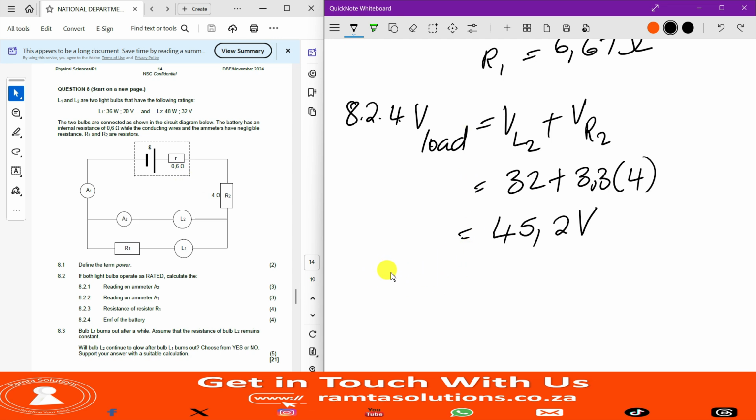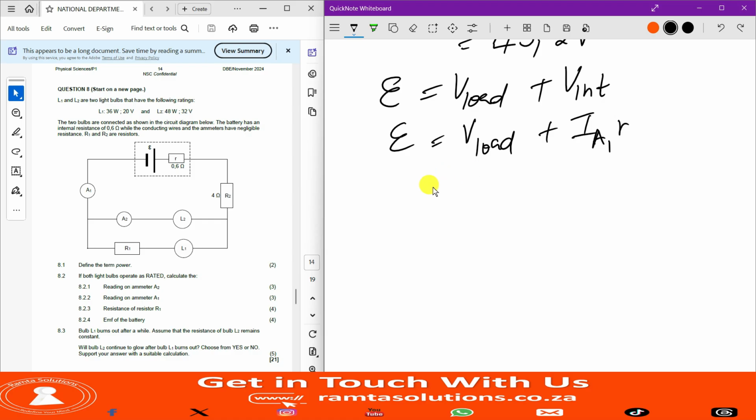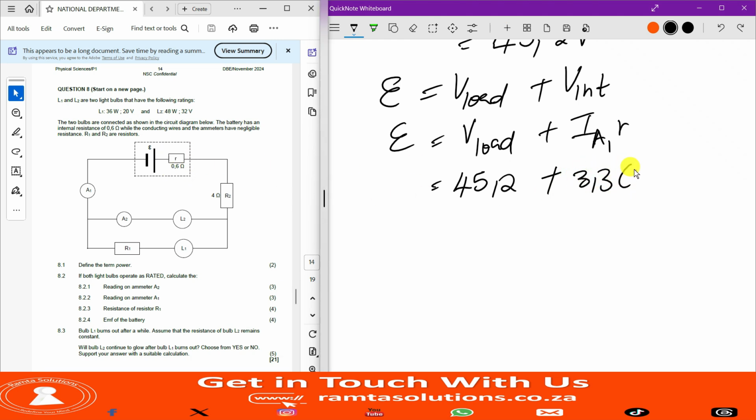So what we know is emf equals V load plus V internal. V internal is the total current, which is the current flowing at A1, times the internal resistance. V load we said is 45.2. The total current was 3.3. Internal resistance is given to us as 0.6.